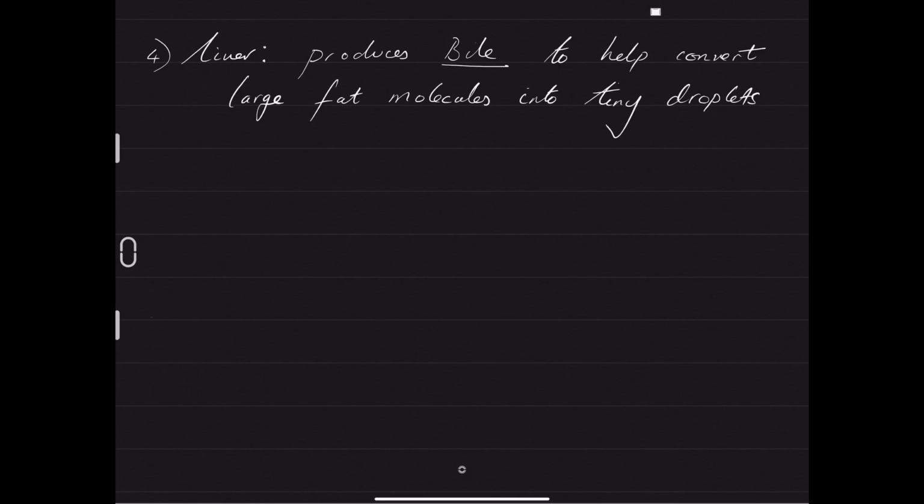So it breaks down large globular fat molecules into tiny droplets. Now this process has a specific name. It's called emulsification. So this process of breaking down large fat molecules into smaller tiny droplets is known as emulsification.